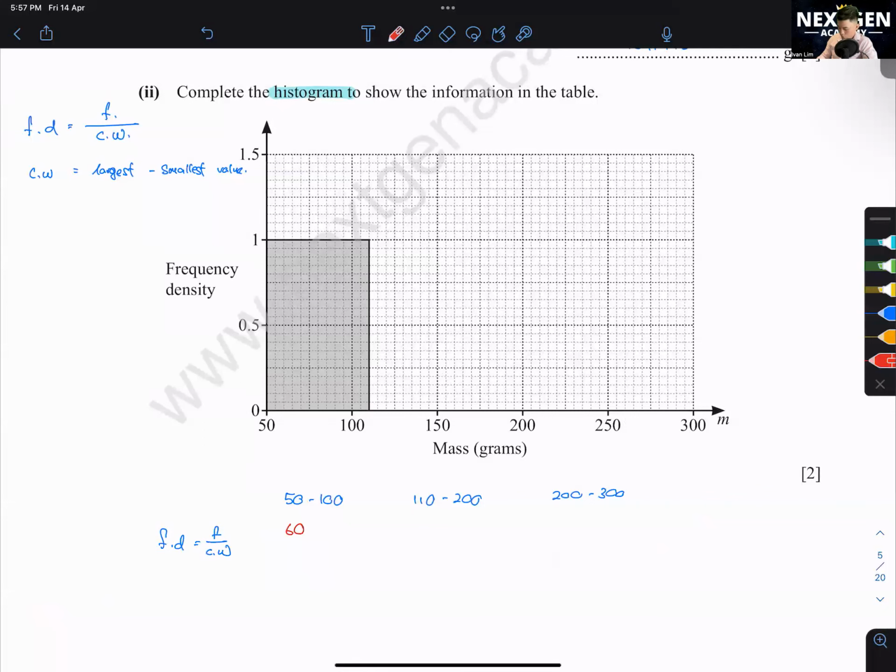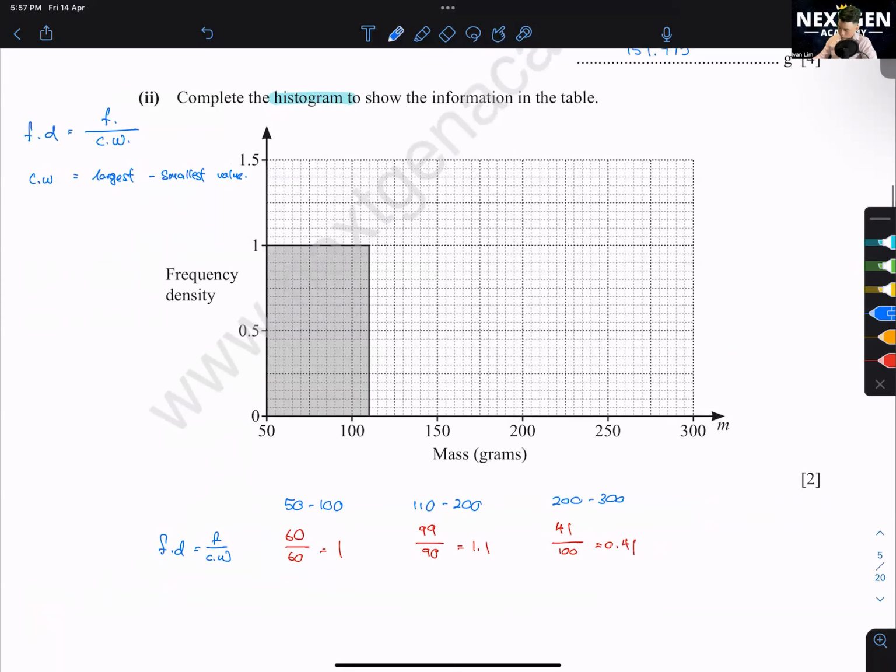The working here will be what? 60 over 60. This one is already given to us. The next one, the frequency is 99, the class width is 90. This will be 1.1. This one, frequency is 41, class width is 100. So this one will be 0.41. So we calculate this. You see also 10 boxes represent 0.5.